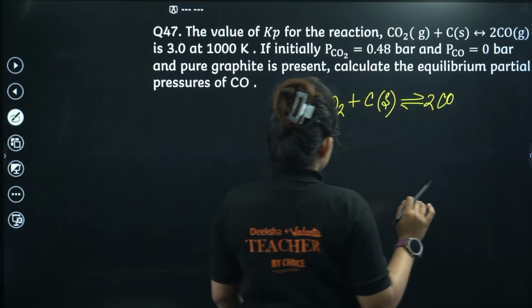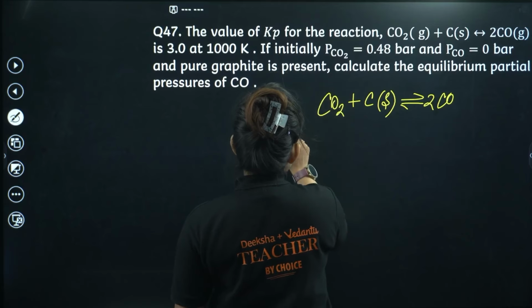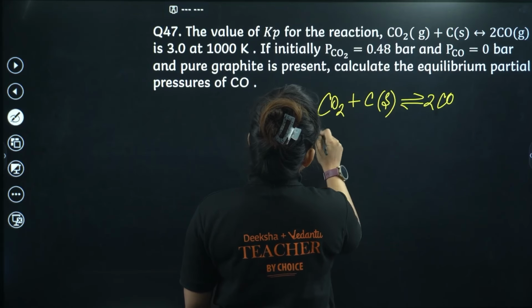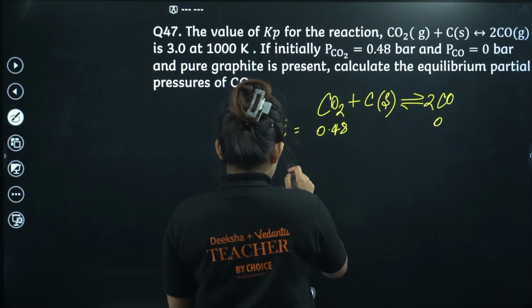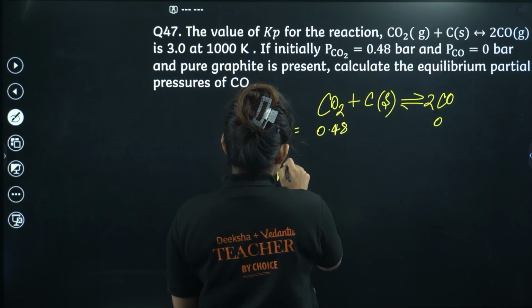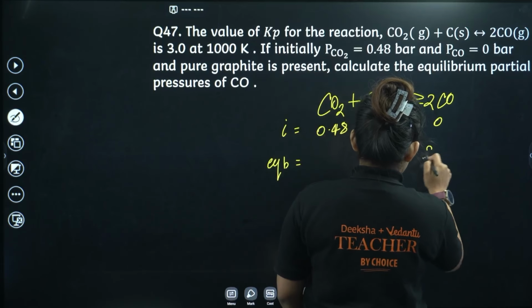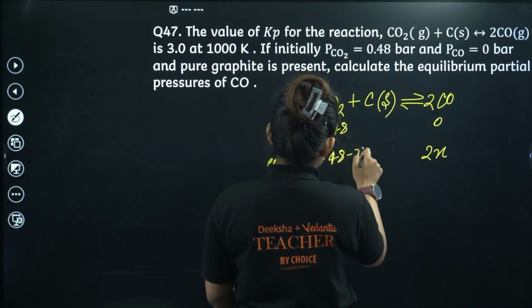Now, the initial pressure for CO2 is 0.48, and CO is not yet formed, hence it is 0. At equilibrium, 2x amount of CO will be formed and CO2 will be 0.48 minus x.